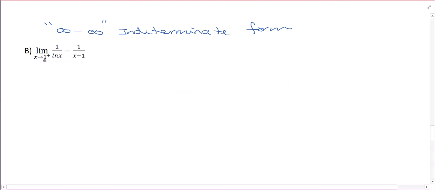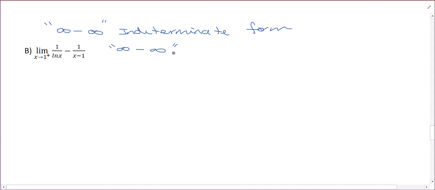So we'll see what happens. Limit as x goes to 1 plus, plug it in: 1 over ln of 1 is 0, so you have 1 over 0, which is infinity, and 1 over 0, which is infinity as well, meaning they're going to infinity. Infinity is not a number.